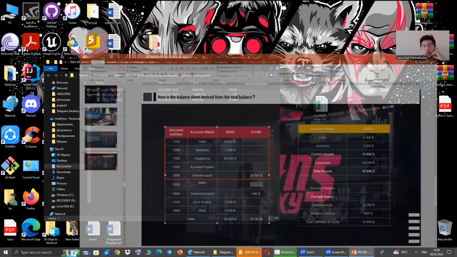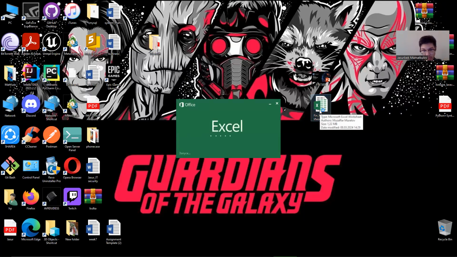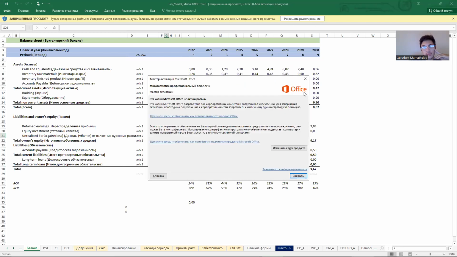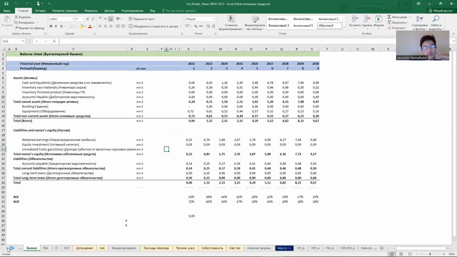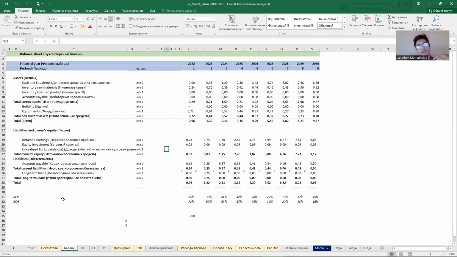If we look into a real financial statement in Excel, of course we can see the same thing, but usually I don't use a trial balance because, in my opinion, the trial balance is for operational managers. I've been working as a project manager for more than 4 years, and I don't need a trial balance.